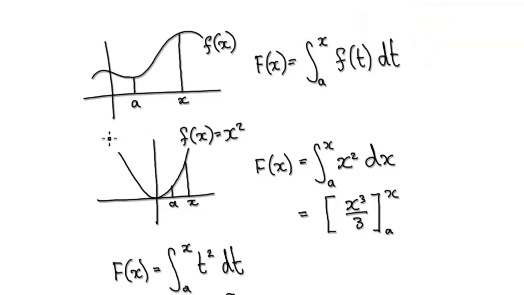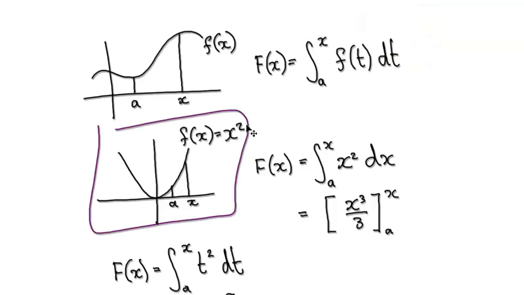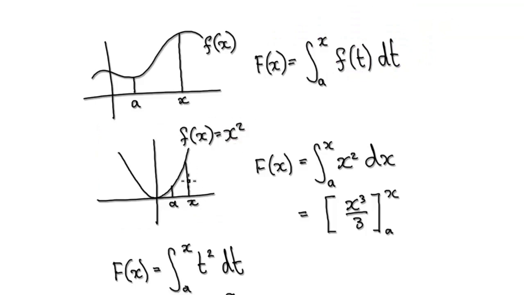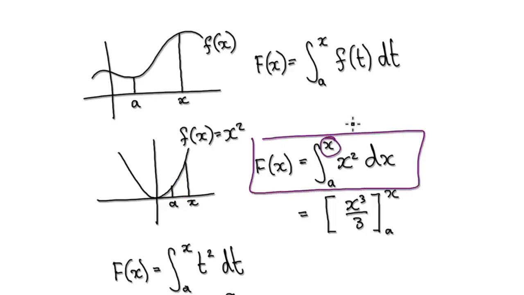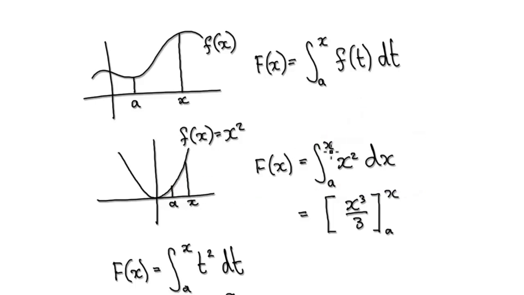So let's consider f of x equals x squared. We want to create a function where we can slide x back and forth, and depending on where x is, it will work out this area. So we would define a function like this, where this is the most important thing, because it allows us to slide x back and forth. But if you don't change the f of x, look what happens.